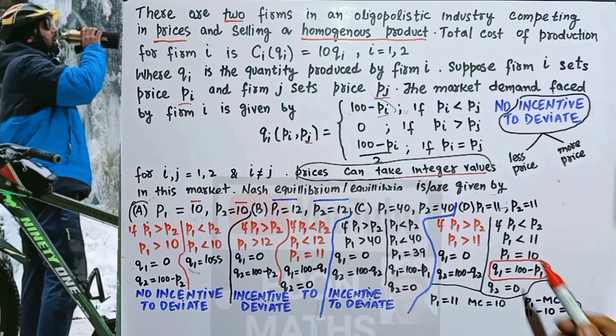But when he tries to charge a lesser price, P1 equal to 10, his marginal cost is also equal to 10. Let me write it here: P1 minus MC is equal to 10 minus 10. He is getting zero economic profit.